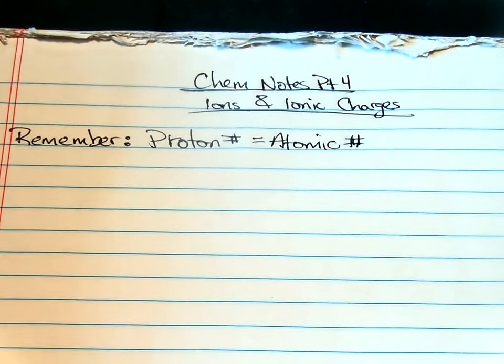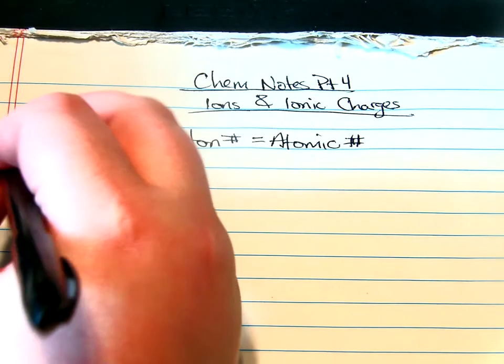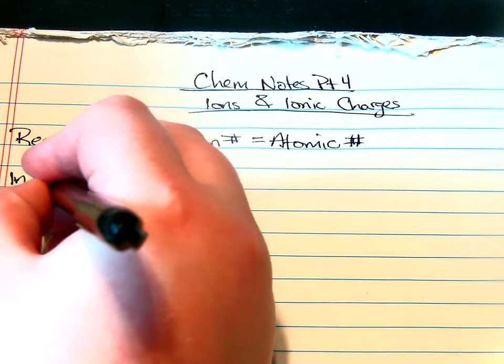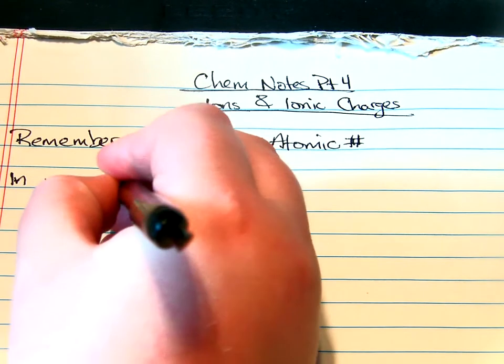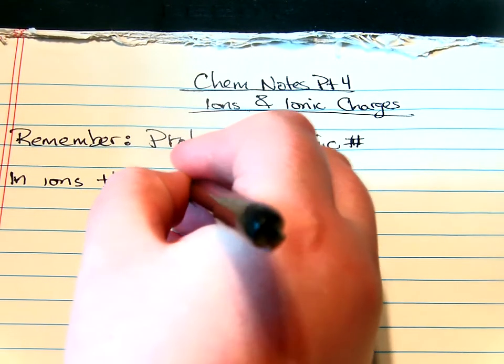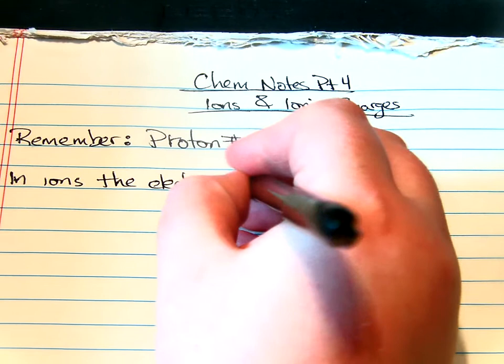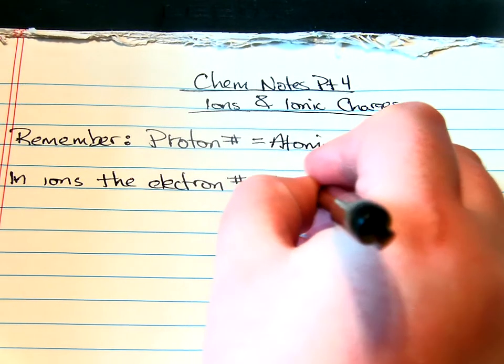Okay, very important. So what's changing to make things different in your ion versus your atom is that the electron number changes. So in ions, the electron number changes.